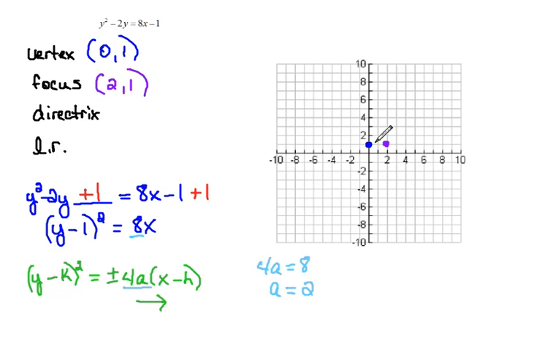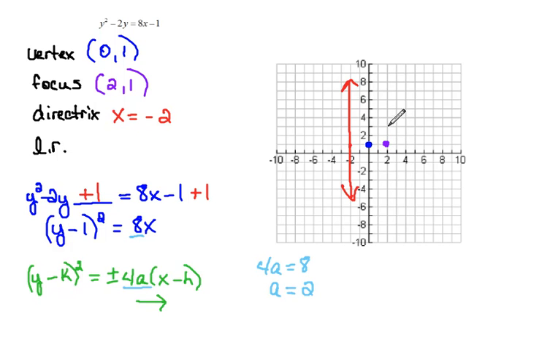It also tells us that it's 2 units backwards to the directrix line, which would be x equals negative 2. And because the latus rectum is 4a units long, that says that our latus rectum is going to be 8 units long. We'll have half on one side, half on the other. Since this parabola opens to the side, our latus rectum will be vertical.